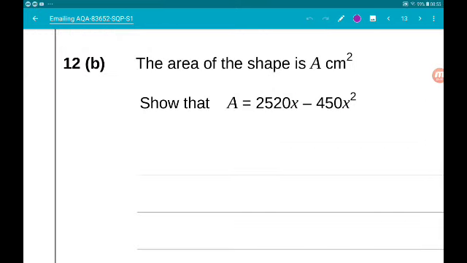Okay, part B tells us the area of the shape is A centimetre squared. We want to show that A is 2520x minus 450x squared.